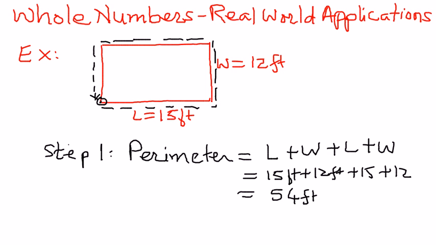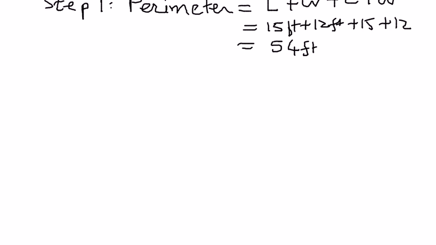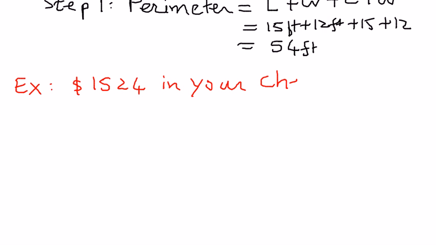Let's take another simple example. Let's say this time we are dealing with another type of situation. Let's say you have $1,524 in your checking account, and you make a deposit of $875.